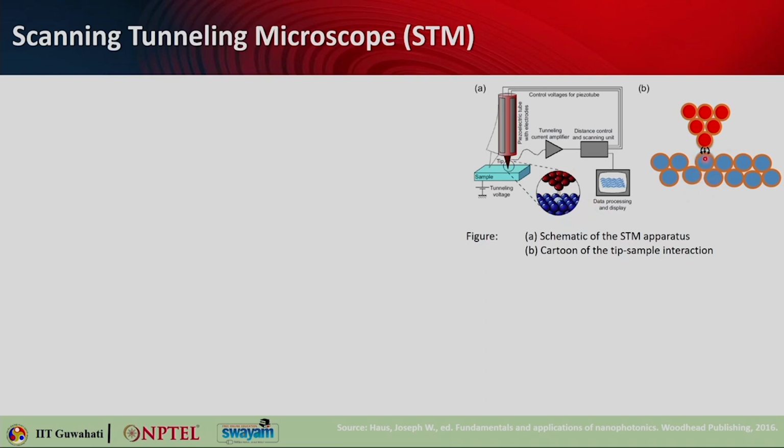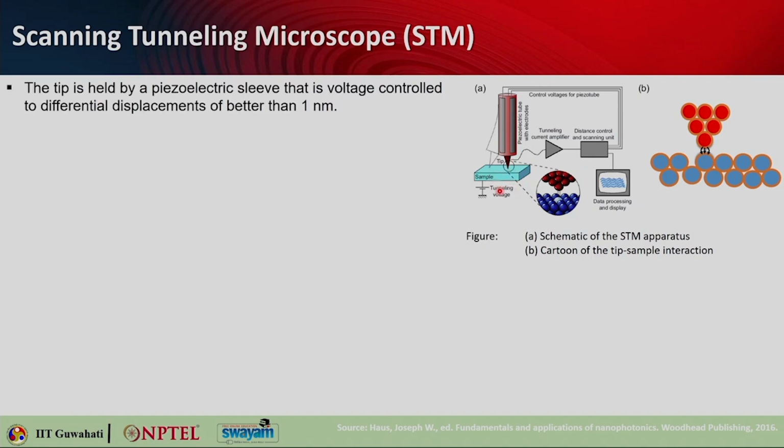So, if you zoom, then you can see that there is basically tunneling current, and that is what you are measuring. You can see that there are control voltages for the piezo tube that actually does the alignment. This is a piezoelectric tube with electrodes, this is the tip, and this is the sample that you are scanning.